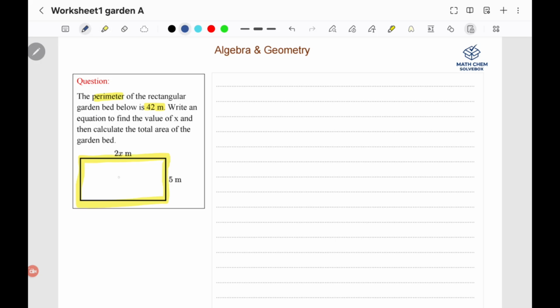So for a rectangle, the perimeter is 2x, this side, plus another side which is 2x, plus 5, and the last side which is also 5, and the perimeter is 42.